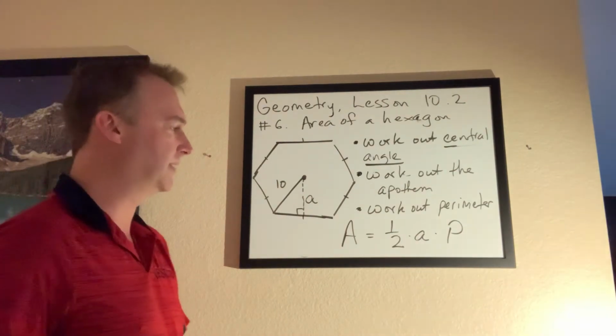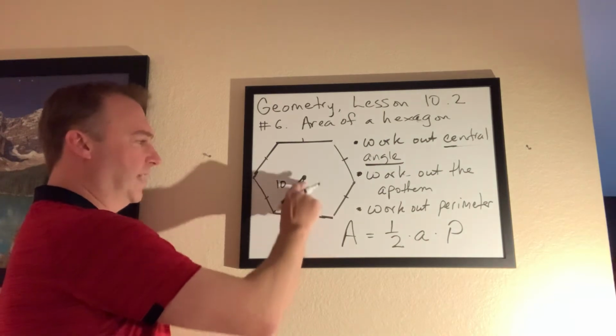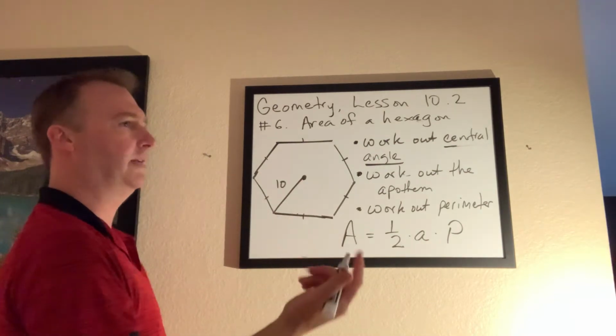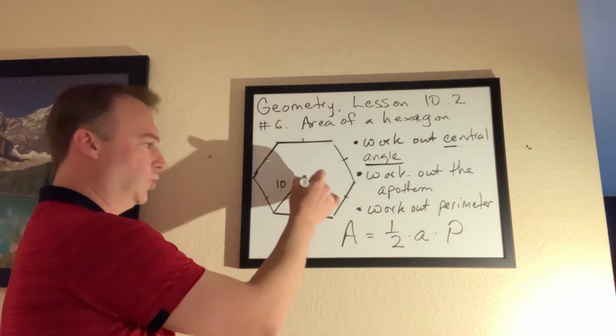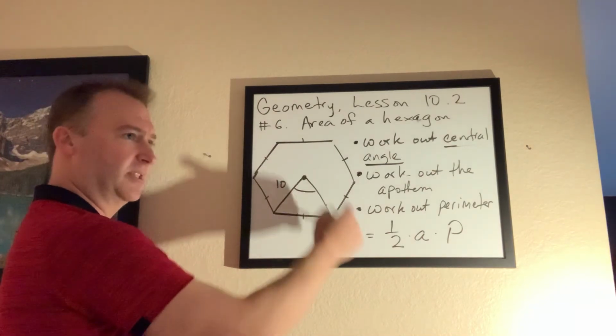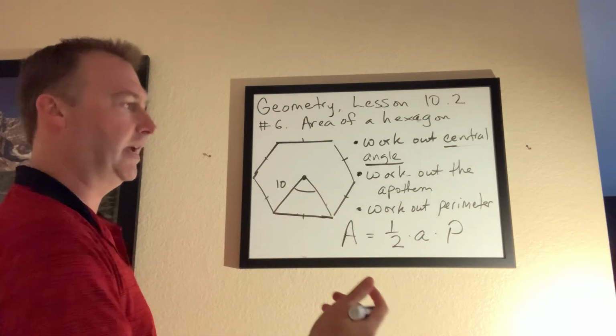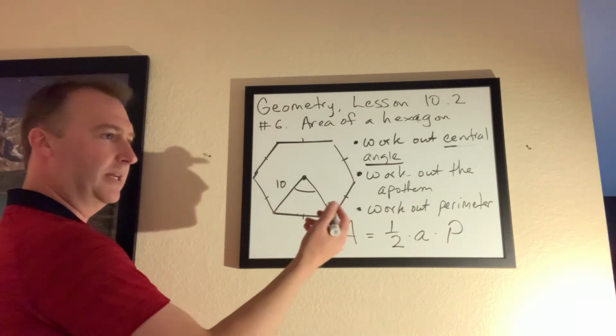For a hexagon, this is going to be fairly simple. The central angle of a polygon is defined as the angle swept out by any 2 consecutive segments to 2 consecutive vertices. How would we get that central angle?